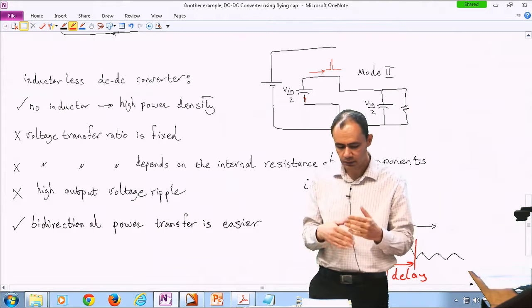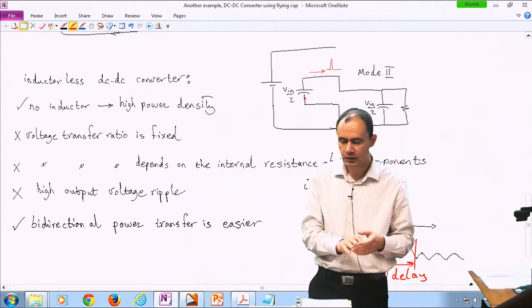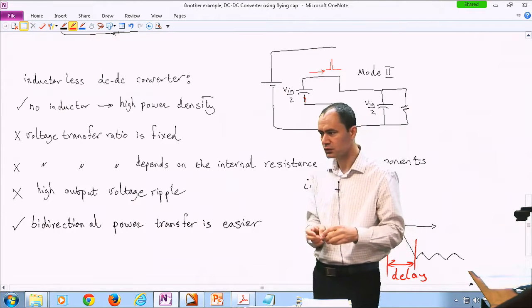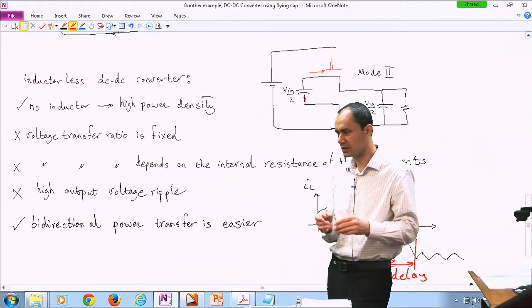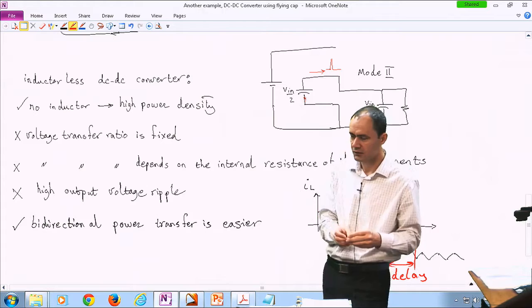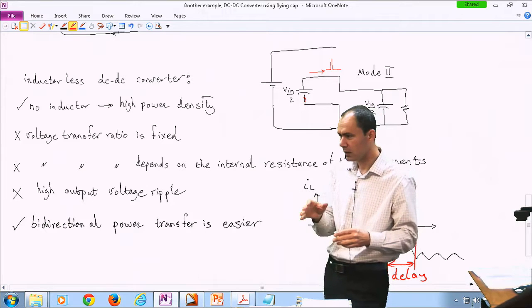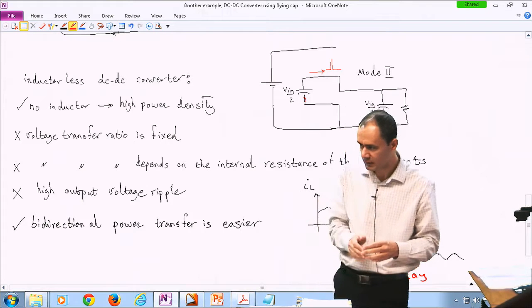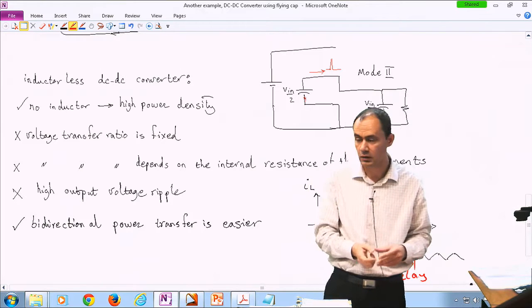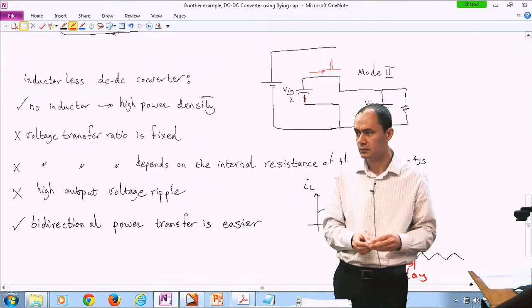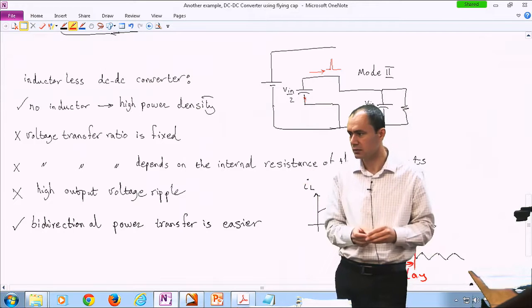So you don't really need to worry about whether your output voltage is regulated. You can just run it in an open loop fashion and still get an output voltage which is half of your input. But it's not very well regulated because of the parasitic components and stuff like that. But yeah, you can run it open loop, like a fixed 50% duty cycle.